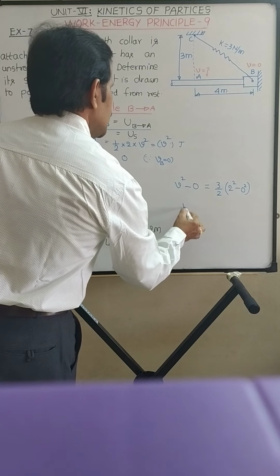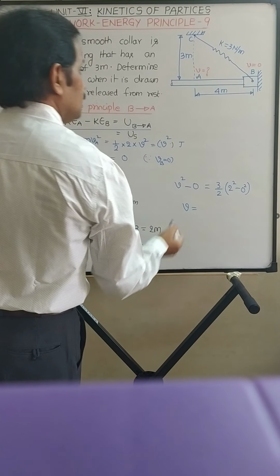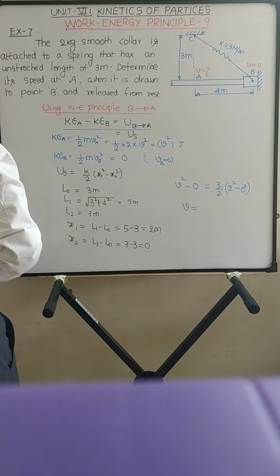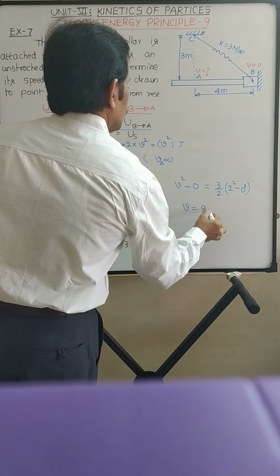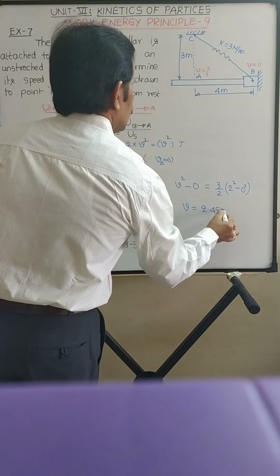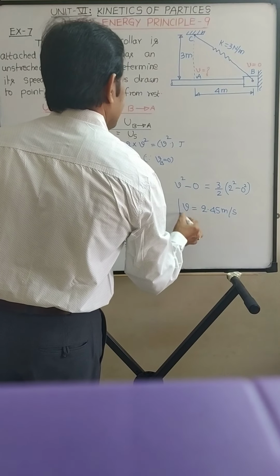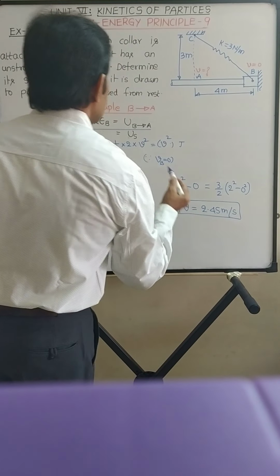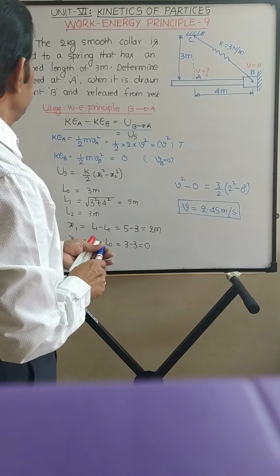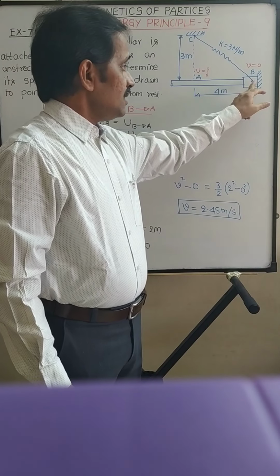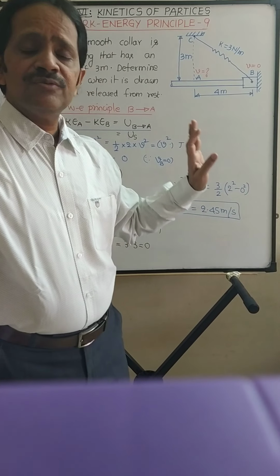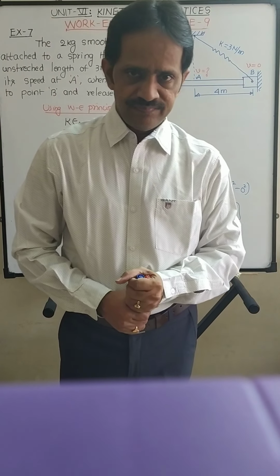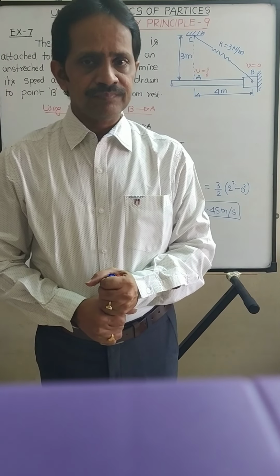So solving this equation, you get the velocity of the collar at point A as 2.45 meters per second. That is our answer. So the speed of the collar when it reaches point A is 2.45 meters per second. Understood? Thank you.